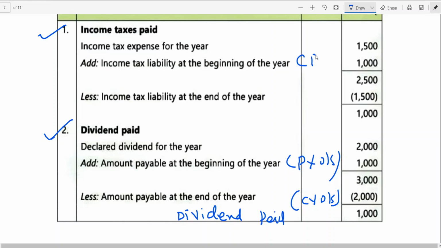I am repeating once again: accrual to cash. This is accrual, expenses incurred, add previous year outstanding, less outstanding at the end of the year, income tax paid. From here if you go back, you are converting cash basis into accrual, because I need to find out cash receipt and cash payment. I need to convert accrual into cash basis.